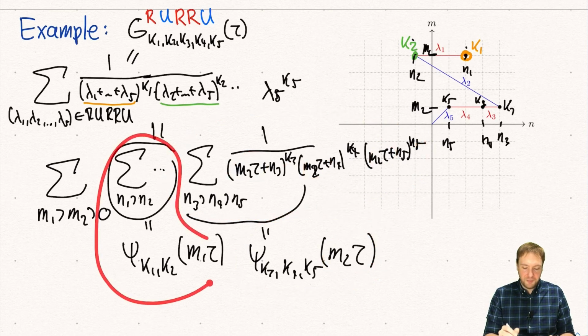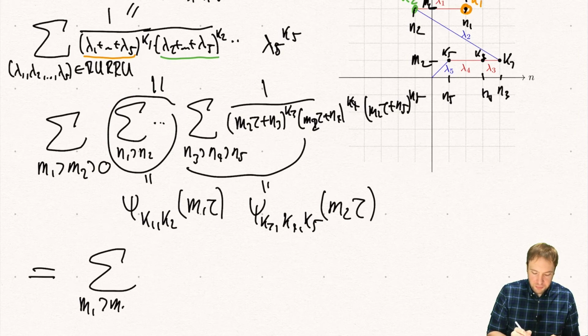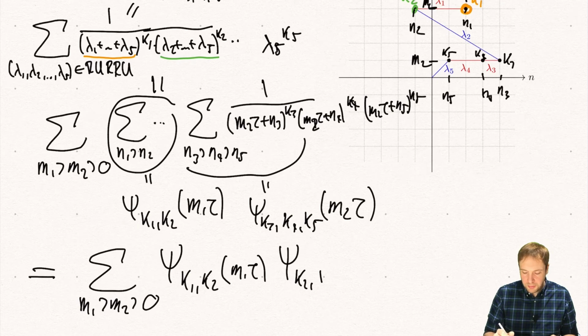And here similar we have this. So in total we have an ordered sum over M1, M2 of psi K1, K2 of M1 tau, psi K3, K4, K5 of M2 tau.